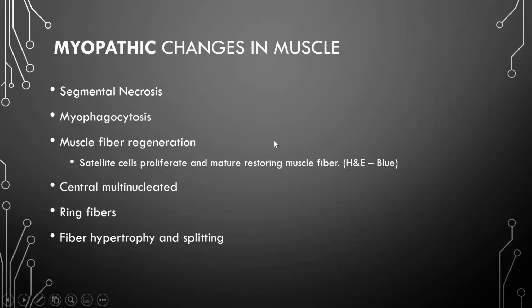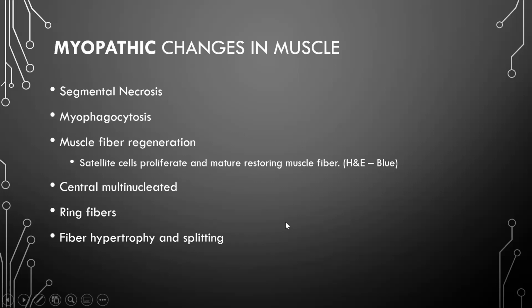Okay, cool. So it's neurogenic and then myopathic. You got segmental necrosis, which is simply like the cytoplasm stains paler than the neighboring fibers. So this just means there's necrosis whenever you have myopathic changes in muscle. Myophagocytosis, you have the presence of macrophages, and muscle fiber regeneration.